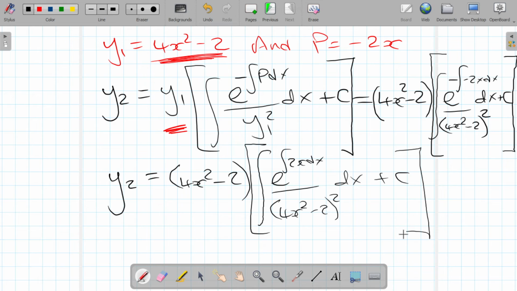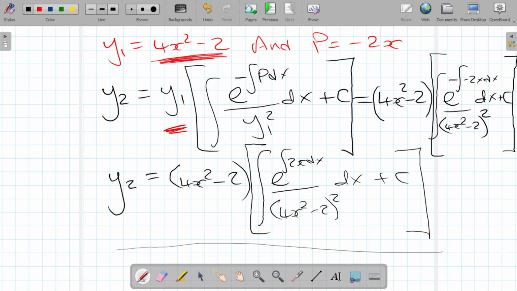Right, so the integral of this exponential bit here, the exponent, is quite easy to do. It's just the integral of 2x dx, which is just x squared. So we'll write all this down again, but having done the integral there.